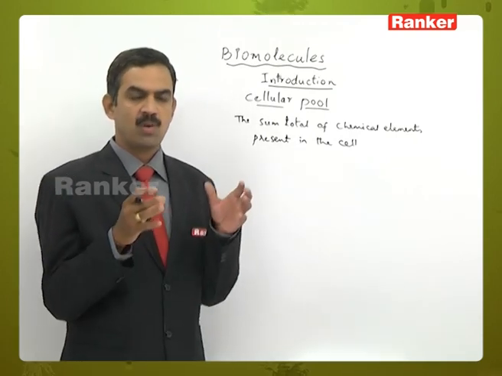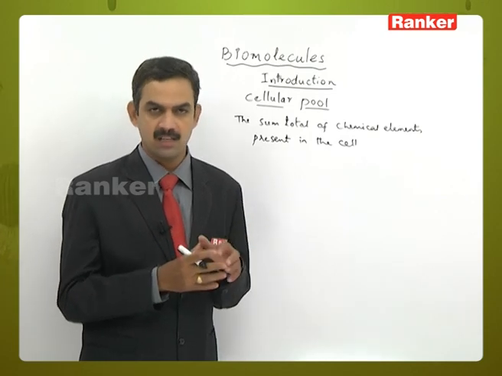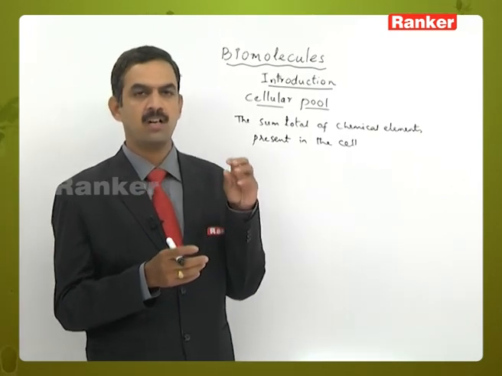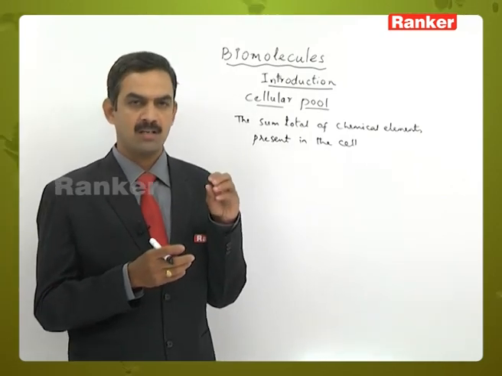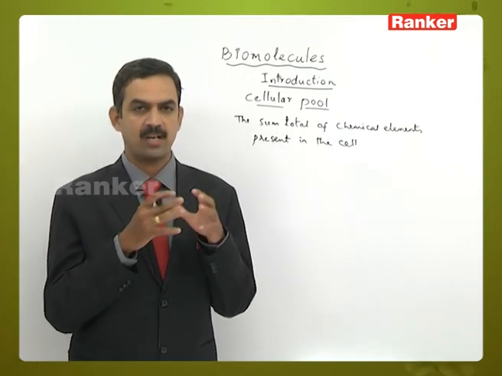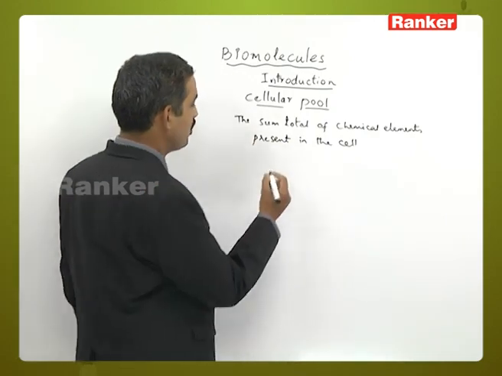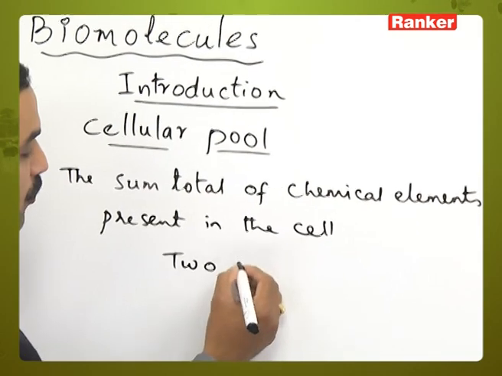That means whatever chemicals are present as a constituent part of a cell, that total number of elements or substances or molecules or ions, that entire structure is called a cellular pool. So this cellular pool will exist in two states or two phases.